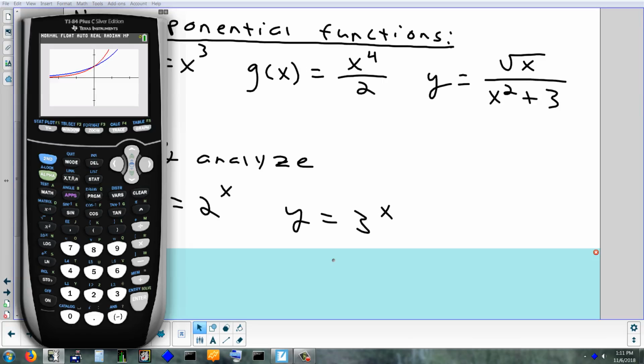So the red one curves up sharper after you pass what? Yep. Okay. After it passes through the y-axis.